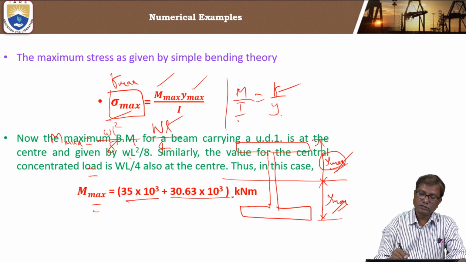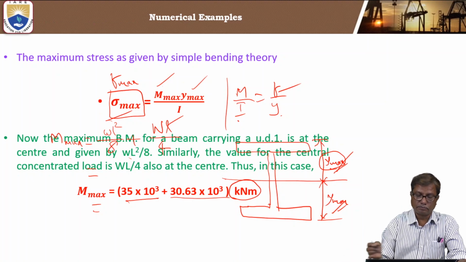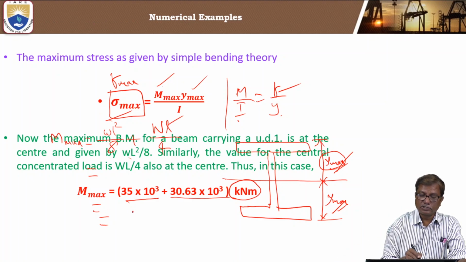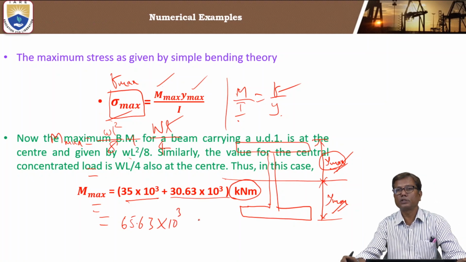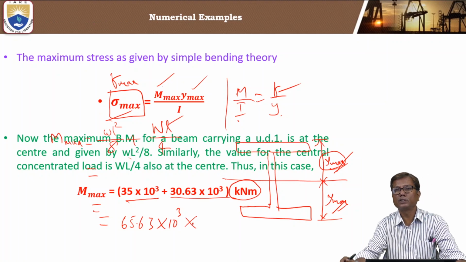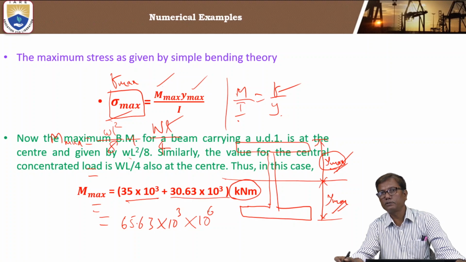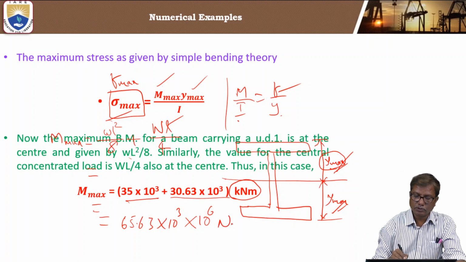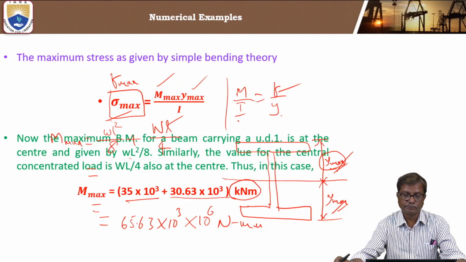Units are kilonewton meters. So the total comes out to be 65.63 into 10 cube kilonewton meters, which can be converted into Newton millimeters by multiplying with 10 power 6. Units are now Newton millimeters.